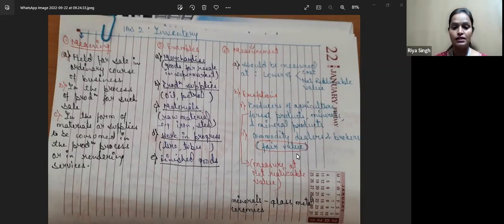Now, if we have to calculate the cost of the inventory, what are the things we need to take to calculate the cost of the same?